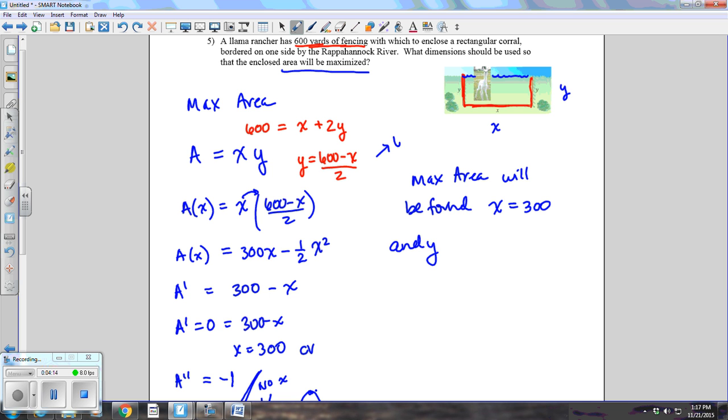If we have a 600 minus 300 over 2, our Y value is going to be equal to 150. And this is yards. So the penned-in area is going to be 150 yards to the river and 300 yards across.